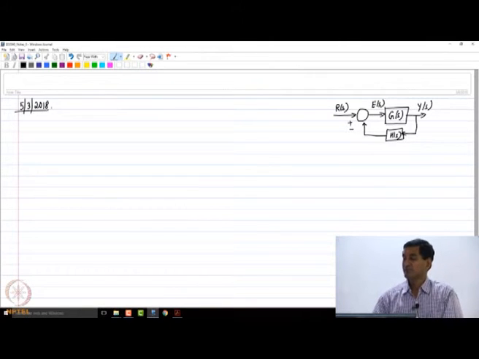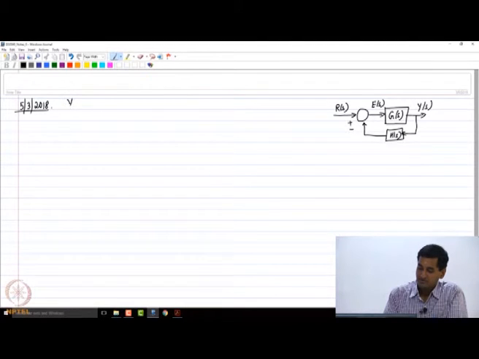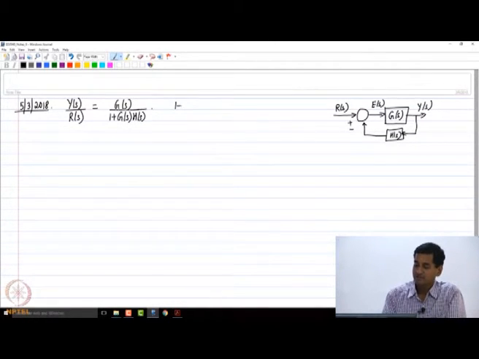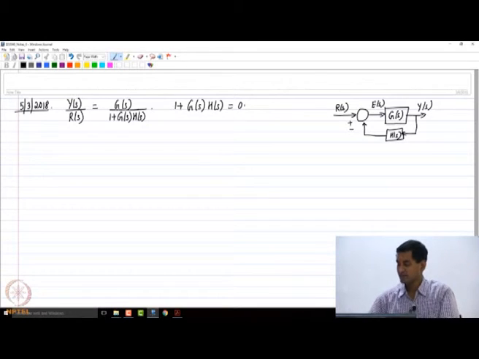We were looking at what happens when one parameter in the open loop transfer function is varied. The closed loop transfer function was G of s divided by 1 plus G of s H of s, and the closed loop characteristic equation was 1 plus G of s H of s equals 0. This was with negative feedback.